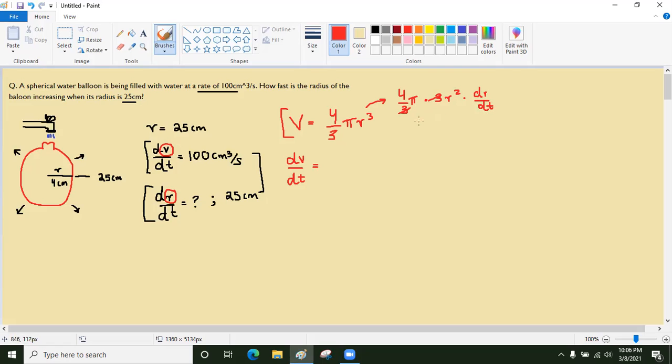These threes would eventually cancel, and you'll be left with 4 pi r squared dr dt. So dV over dt is in fact 4 pi r squared multiplied by dr dt.